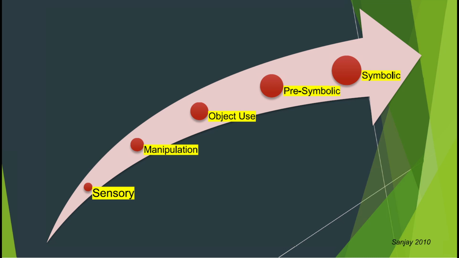So the challenge is, how do I, as a therapist or a professional, challenge the child in such a way that his sensory appeal or his sensory needs are met? At the same time, it is molded all the way to the symbolic level.